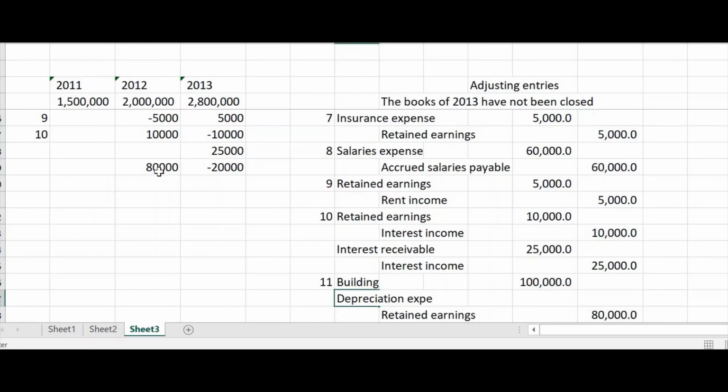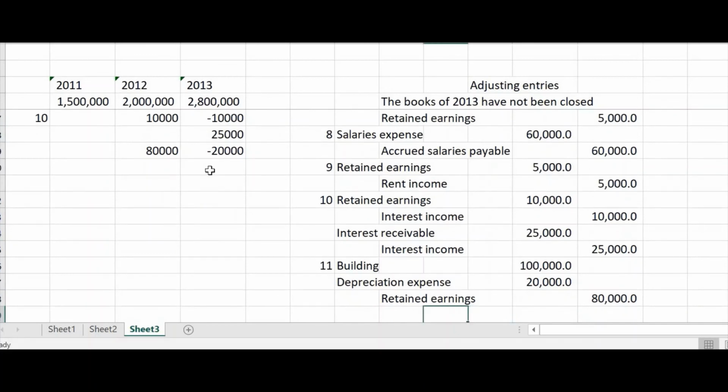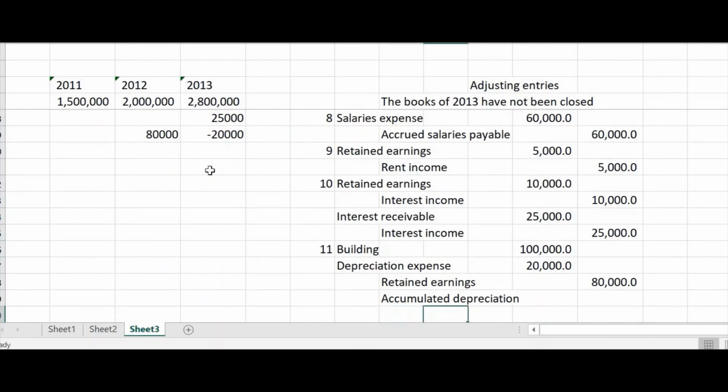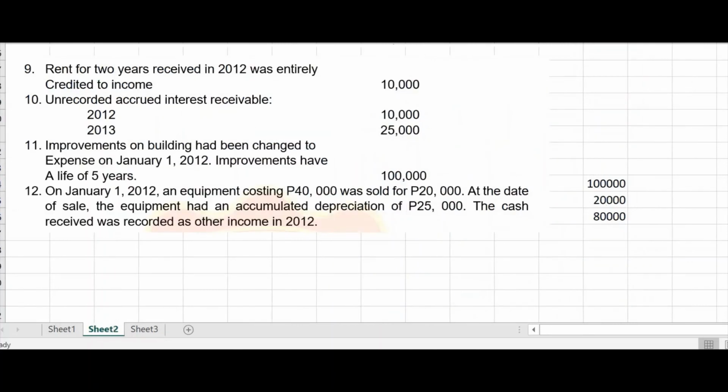Yan. For 20,000. And of course, you'll credit accumulated depreciation for 2 years. So since for 2 years, should be 40,000. 20,000 per year.